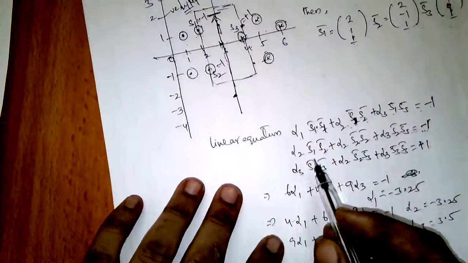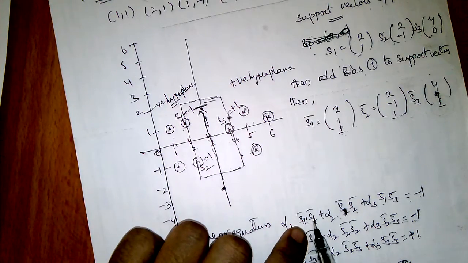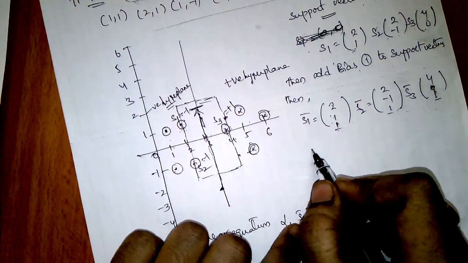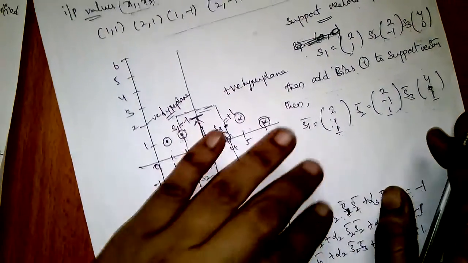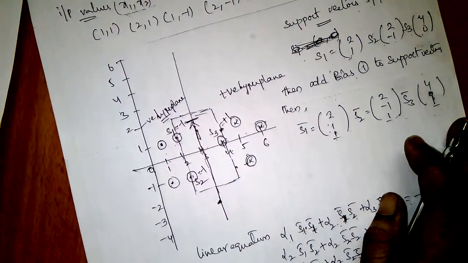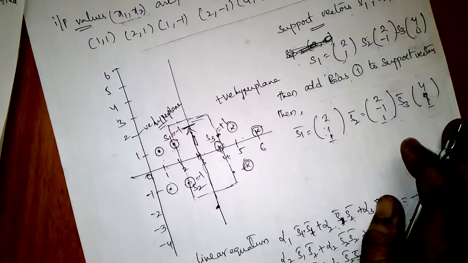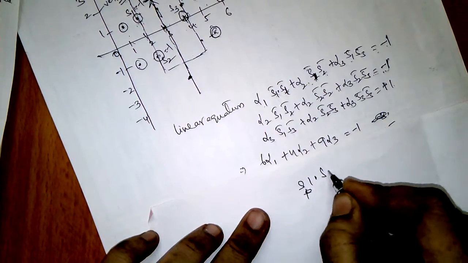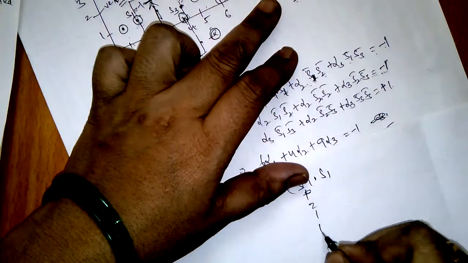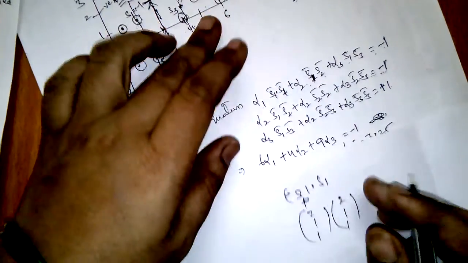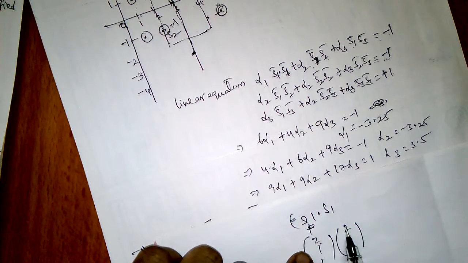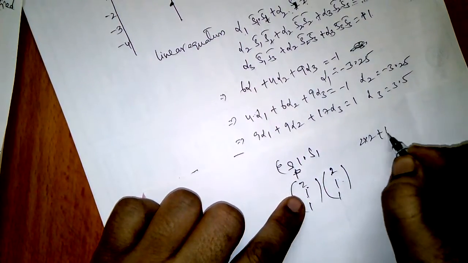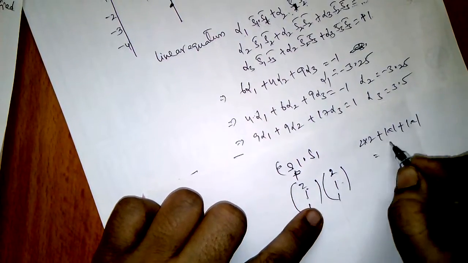Now what is s1 times s1? s1 is 2, 1, 1 times 2, 1, 1. That means 2 times 2 is 4, 1 times 1 is 1, 1 times 1 is 1, so we get 6.